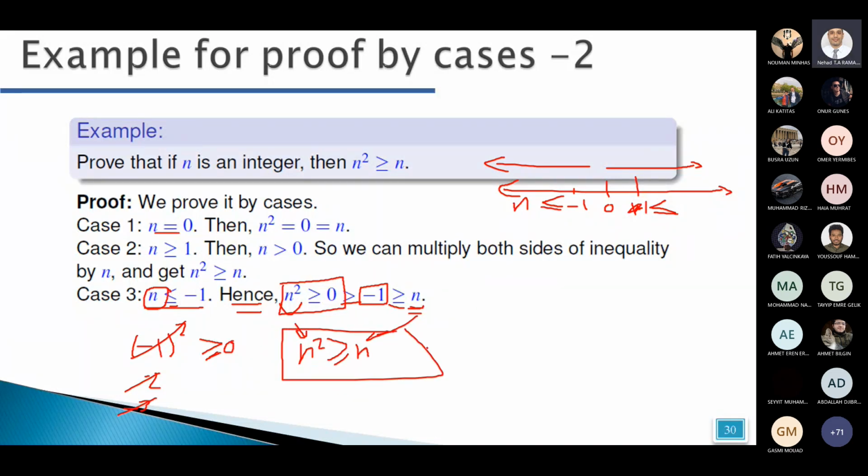So we get the conclusion correctly in case 3, in case 2, and in case 1. And that's what we needed to prove.